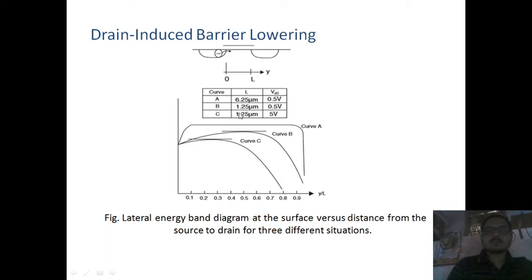For a short channel, the energy band is low, and the electrical potential is also low. For curve C also, for 5 volts and 0.5 volts, the curve is low here for short channels. This is the drain induced barrier lowering.